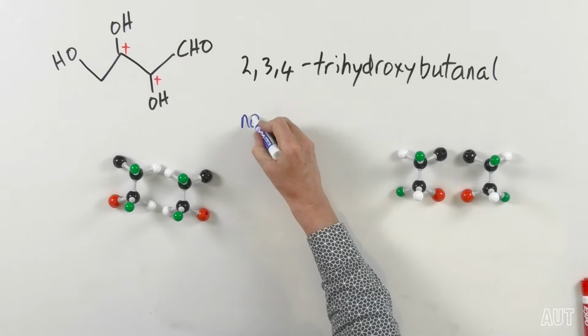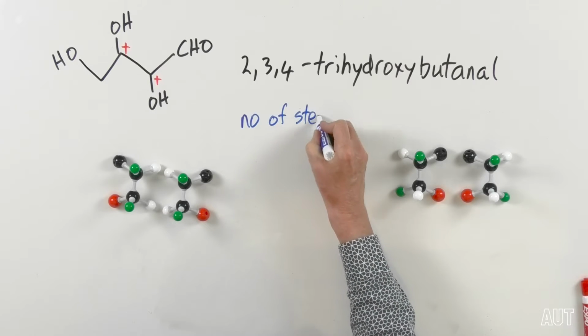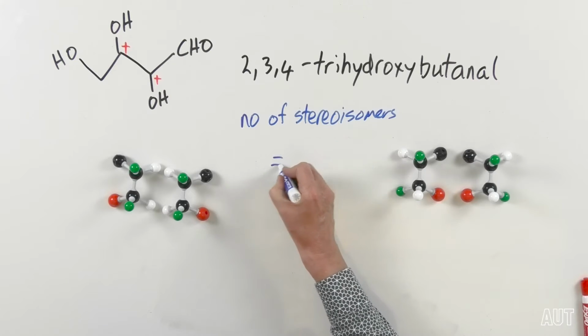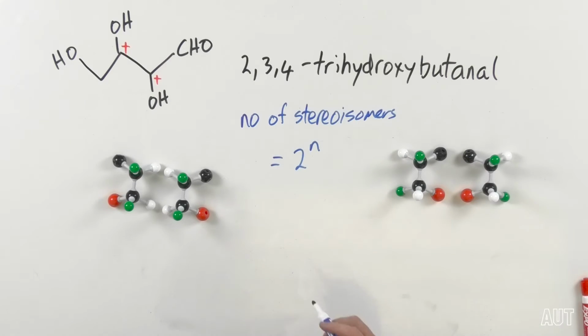So how does that affect the number of possible stereoisomers that we're going to get in this, okay? And there's a simple formula that the number of stereoisomers is simply equal to 2 to the power of n, where n is the number of stereocenters in your molecule.